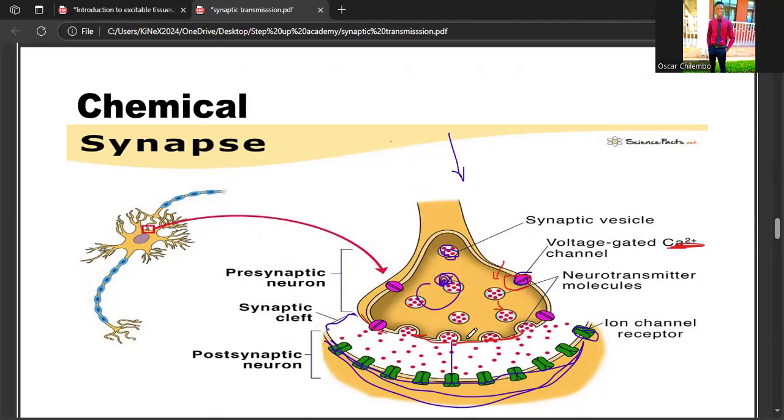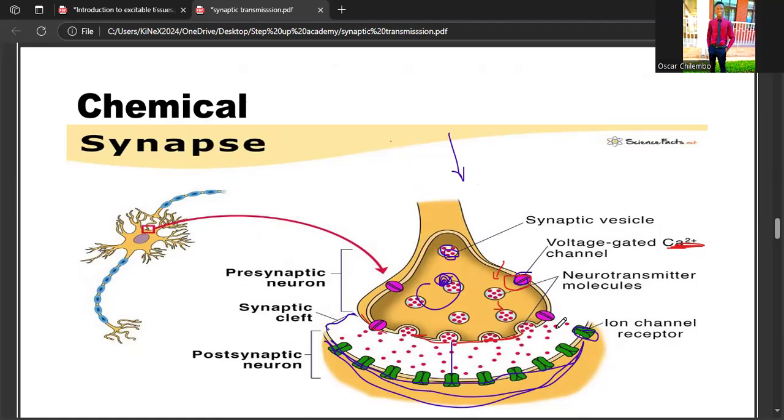Once they reach this area, they release their content, the neurotransmitter, which in muscle contraction is acetylcholine. By the process of exocytosis, the synaptic vesicle releases the neurotransmitter inside the synaptic cleft.